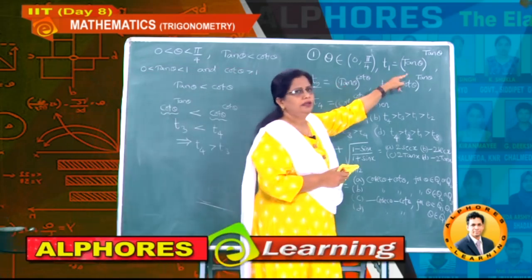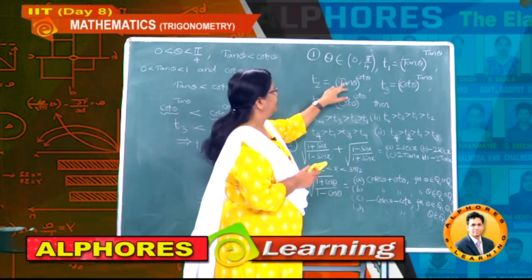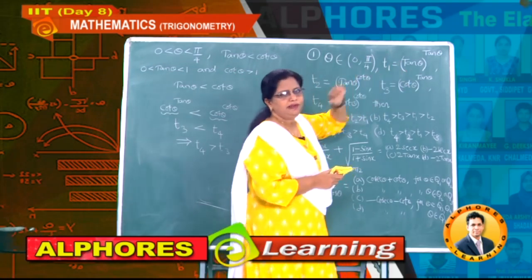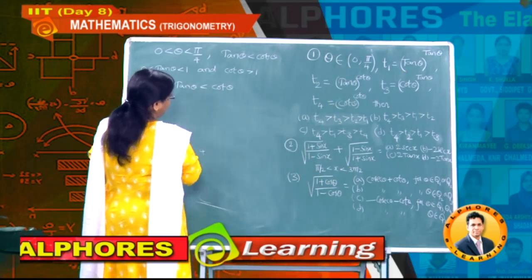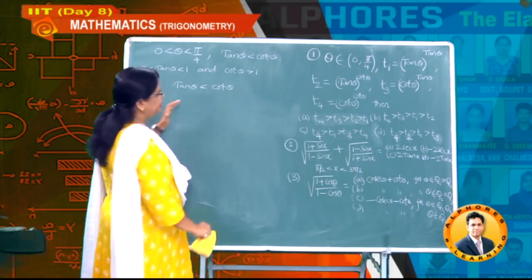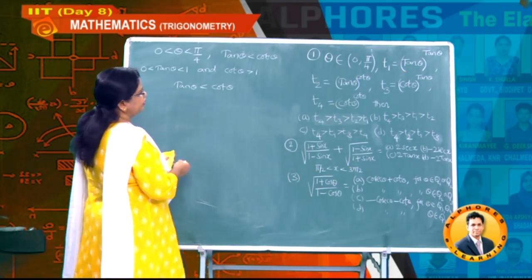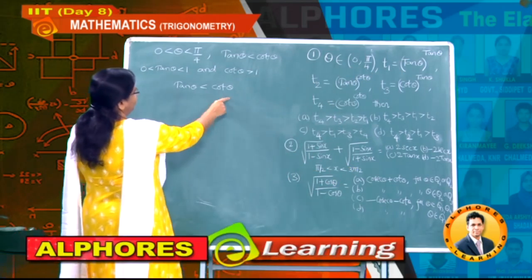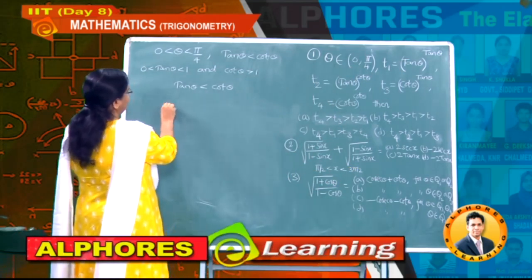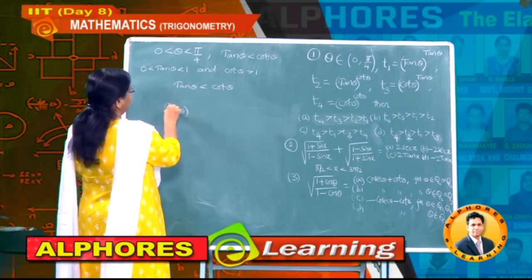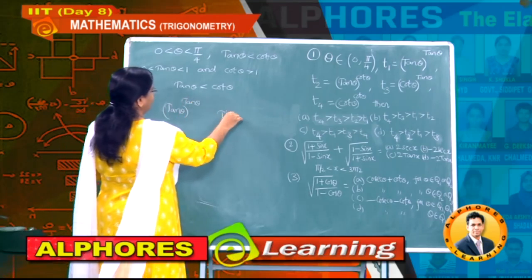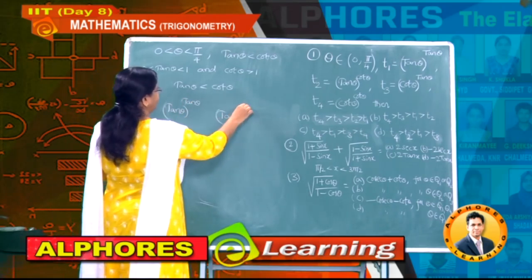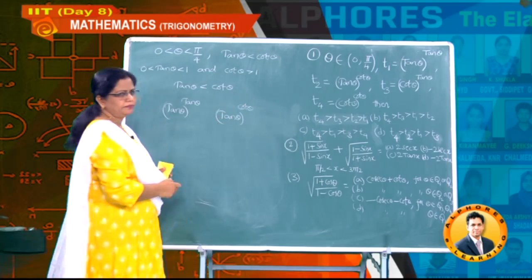Tan theta, tan theta. Understand? Now these two are base values. Again I proceed in the same way, tan theta less than cot theta. Now I am taking the base as tan theta, that is tan theta to the power of tan theta, and here tan theta to the power of cot theta. Understand students?